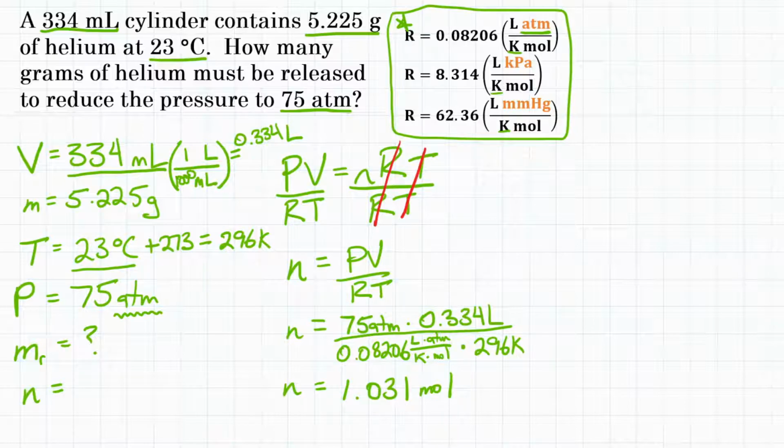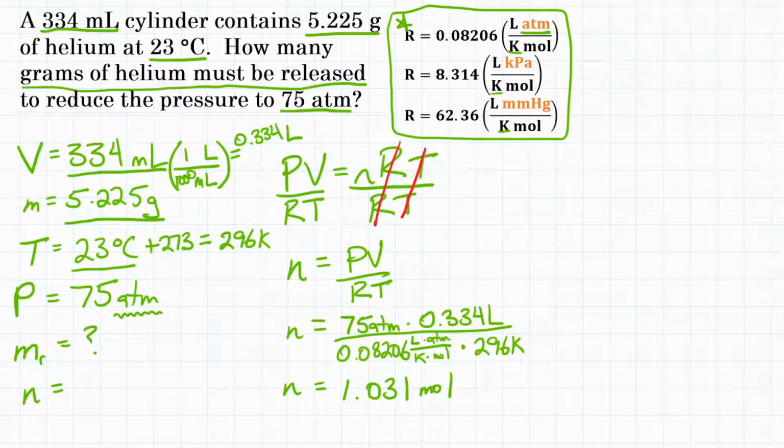But the problem is asking for grams of helium that must be released, because we have in our problem 5.225 grams, which is going to give us a higher pressure than 75.